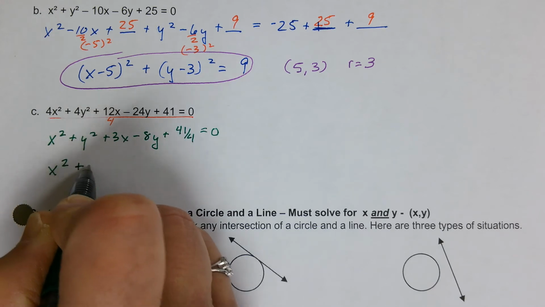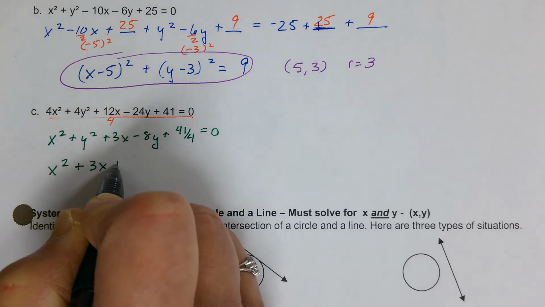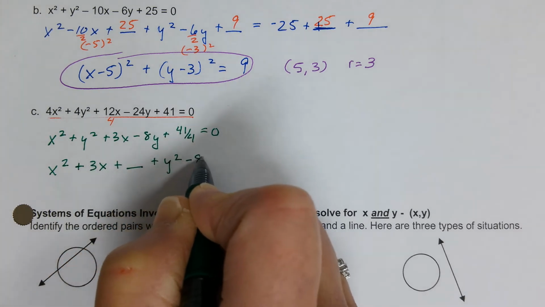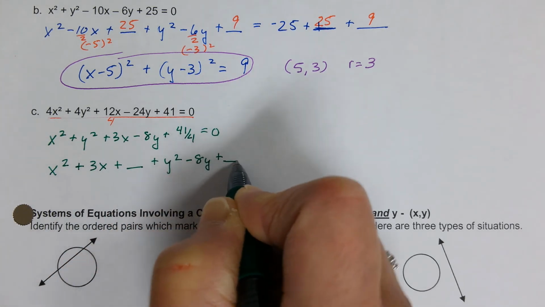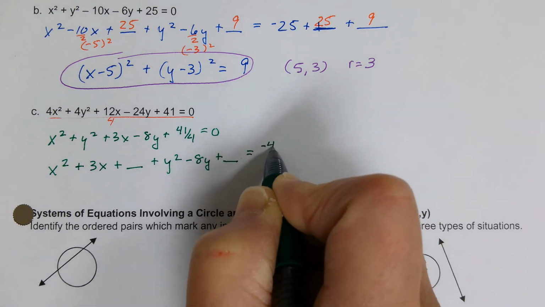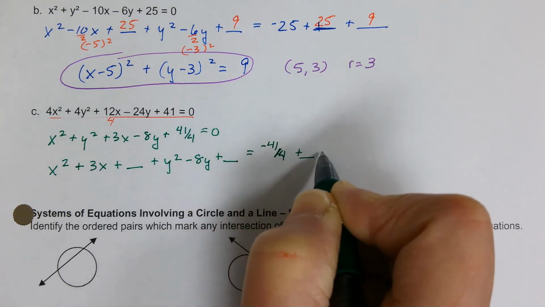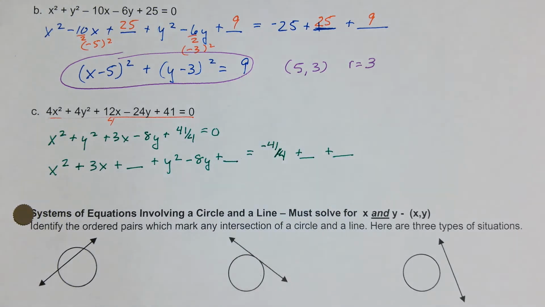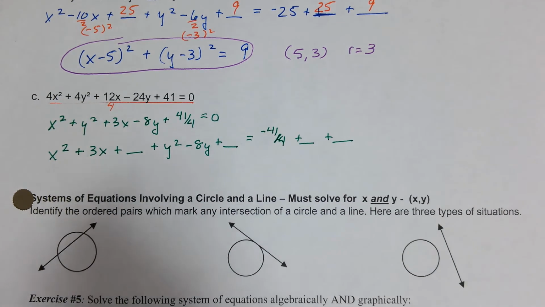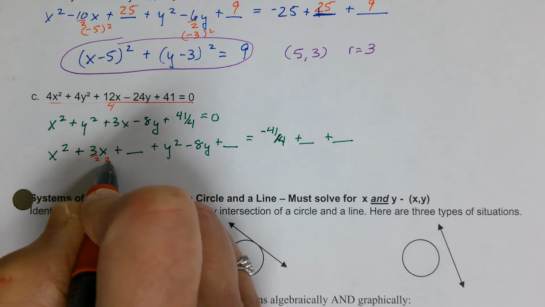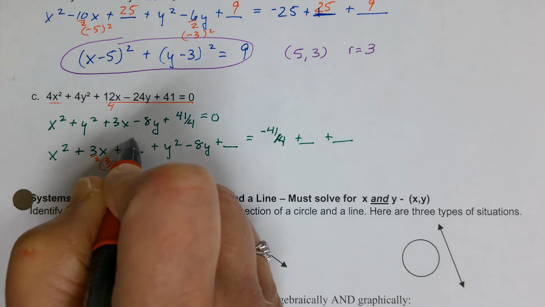Squared plus 3x plus blank plus y squared minus 8y plus blank equals negative 41 quarters plus blank plus blank. What goes in the first blank? Dividing by 2, we get 3 halves squared, which is 9 quarters.